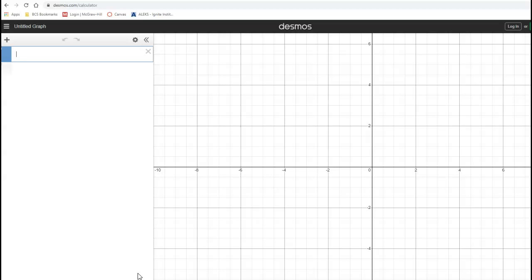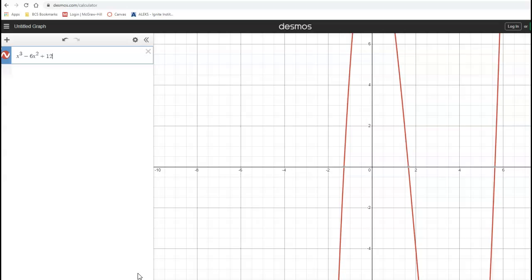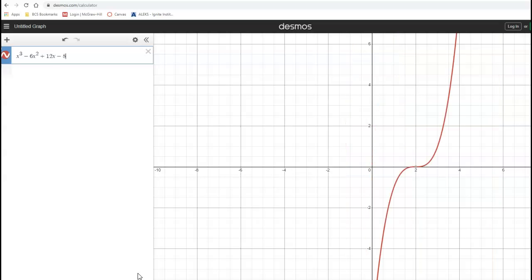And I'm going to type in x caret 3 minus 6x caret 2 plus 12x minus 8. All right, so there's my function. There's the graph. It looks like it switches directions at the point 2, 0.